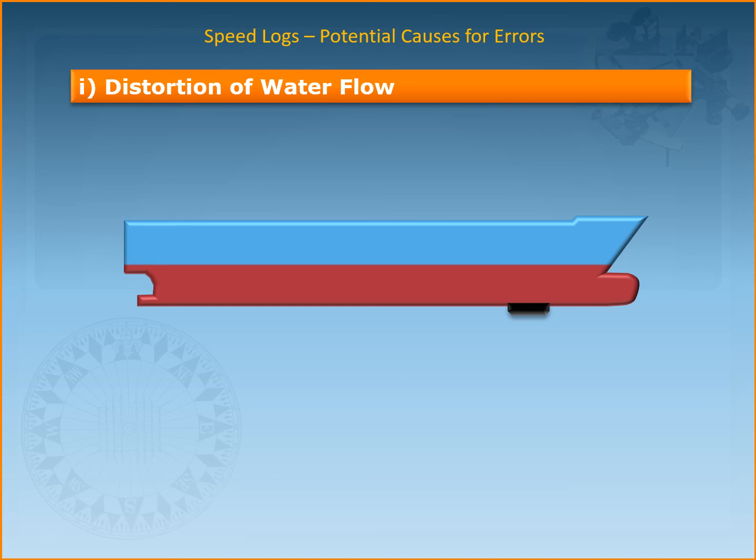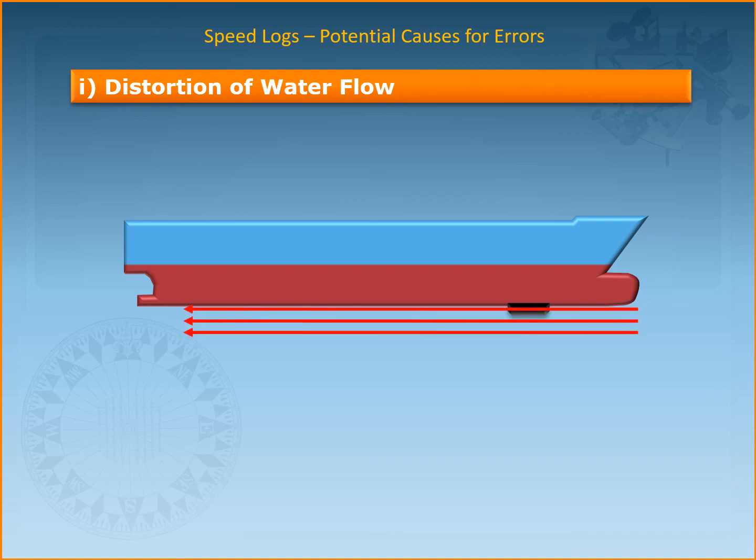Here we talk about the potential causes of errors that are caused due to the flow of the water across the transducer. This occurs especially in electromagnetic logs. So let's start with the first one. Distortion of the water flow passing the hull because of the hull shape or the potential flow field in case of an electromagnetic transducer.